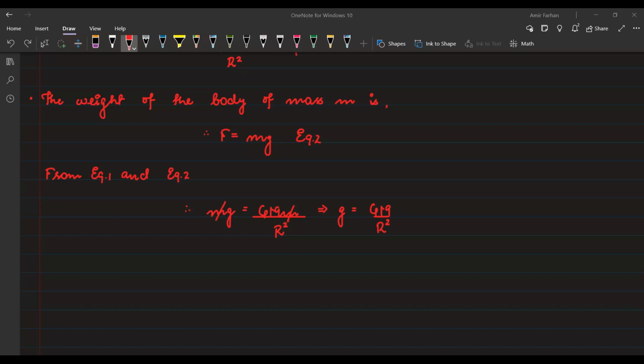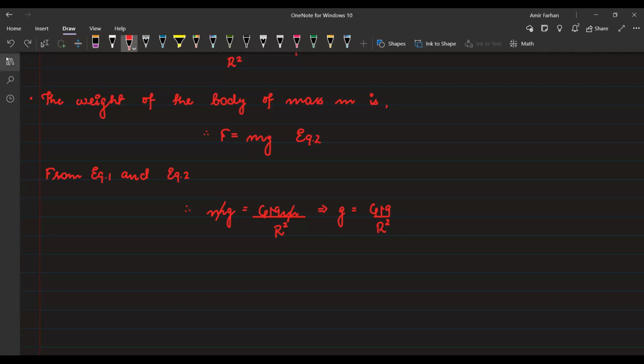And the radius or the distance, you can say. Any doubt so far to anyone?